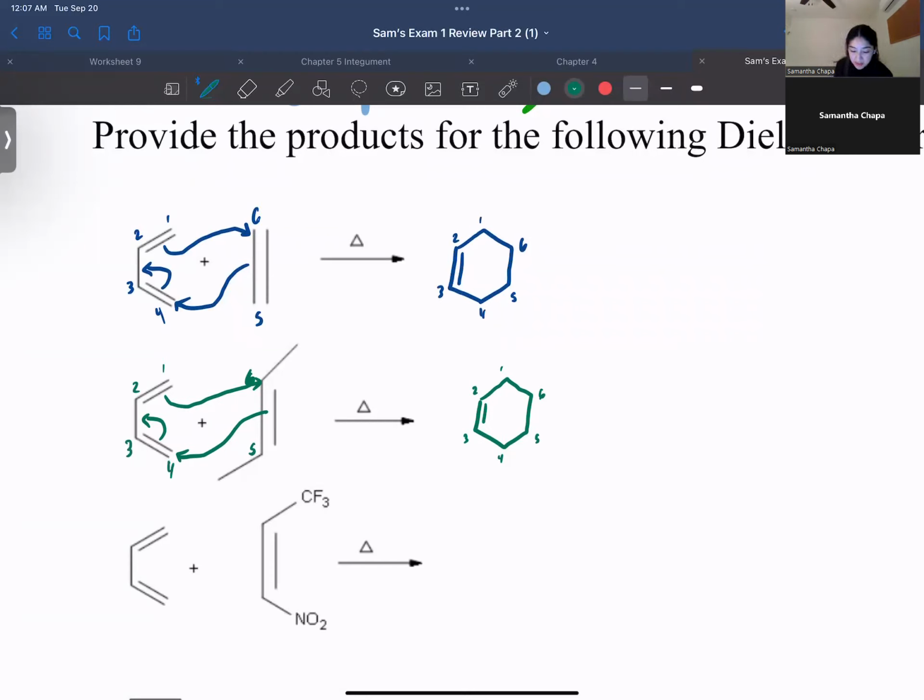How you determine that is you look at your dienophile and determine if it's trans or cis. This dienophile is trans, meaning if I put one methyl group on a wedge, I should put the other methyl group on a dash. Since they're trans, they're oriented 2 different ways.